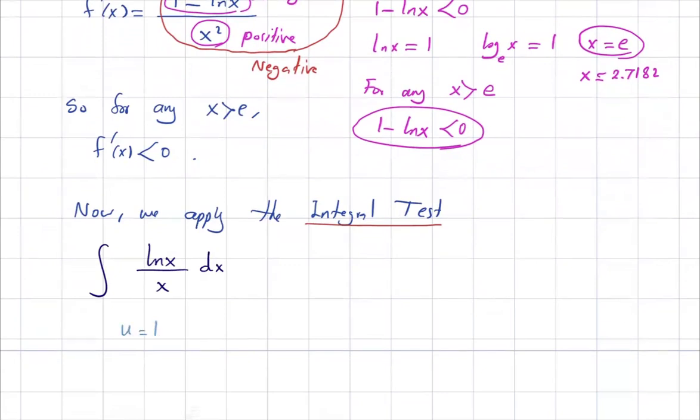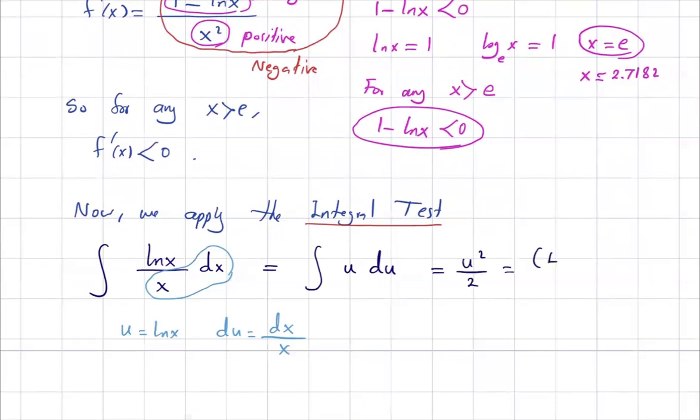If you take u to be ln of x, du is dx divided by x, which is already here. So this integral becomes the integral of u du, which is u squared divided by 2, or ln of x to the second power divided by 2, where x ranges between 1 to infinity.